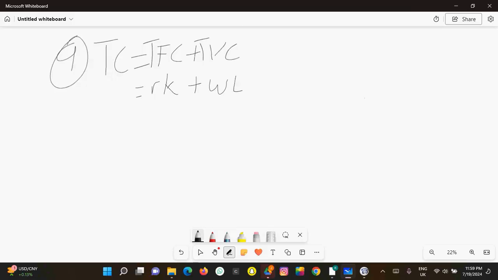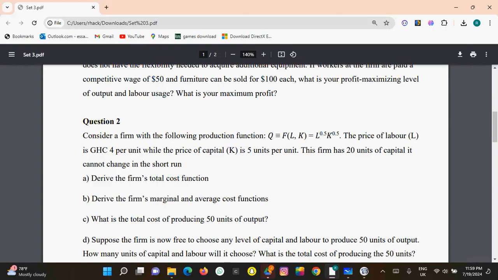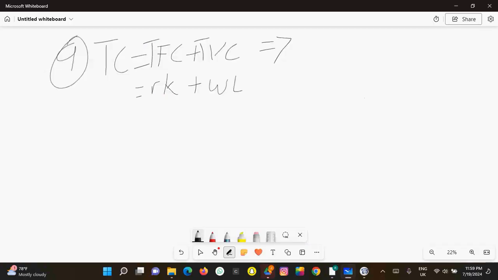RK is basically the rate of capital, the price of capital. R is the price of capital, and K is the units of capital being used. Whilst W here is the wage of labor times L, the quantity of labor being used, right? So now, in the question, they told us that labor is 4 per unit, and capital is 5 per unit.